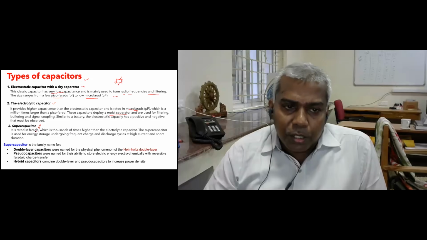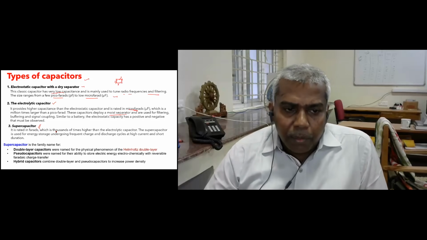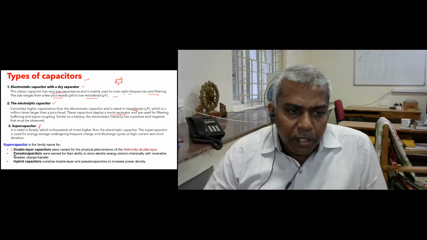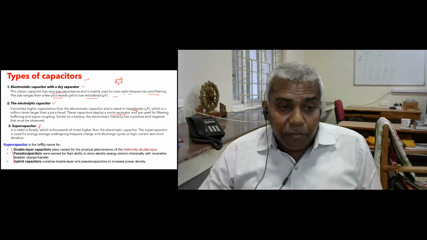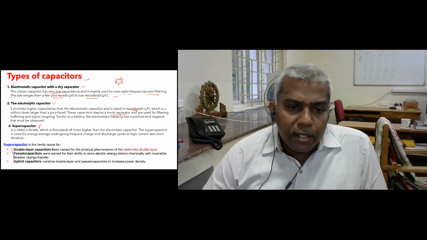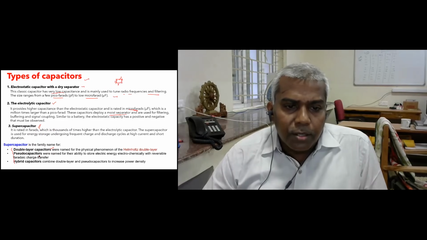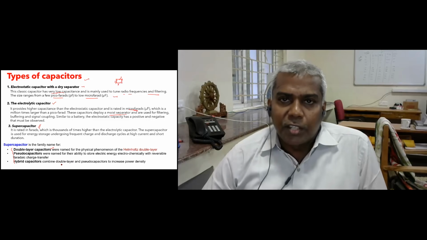The supercapacitor is a very particular type of capacitor, which people commonly study. A supercapacitor is a family, and in that family it has 3 members. One is a double layer capacitor, another is pseudocapacitors. Pseudocapacitors can store energy electrochemically with reversible Faradaic charge transfer.